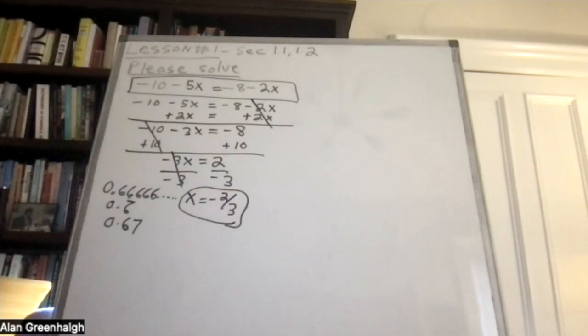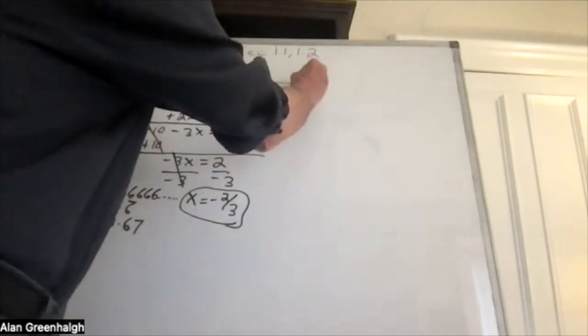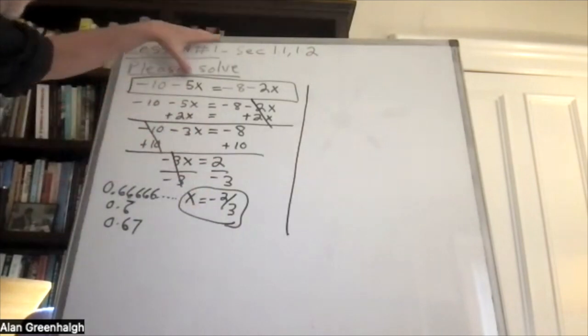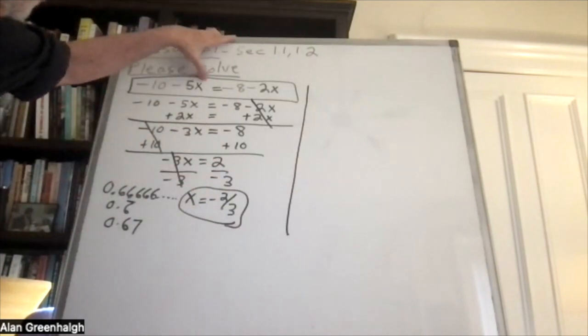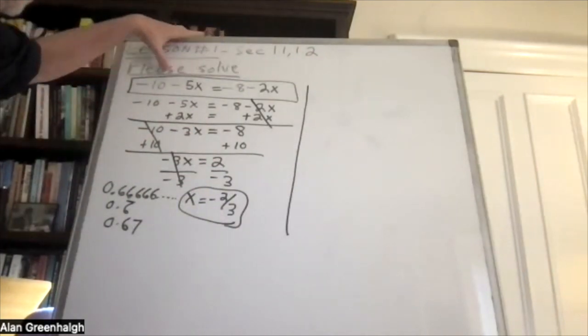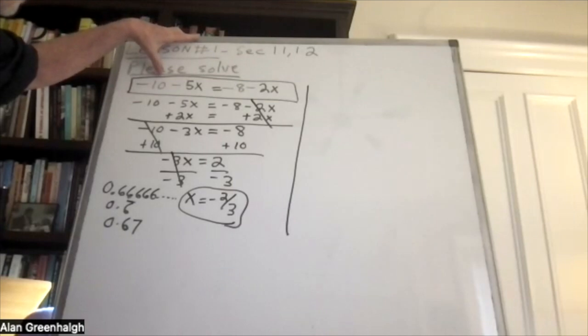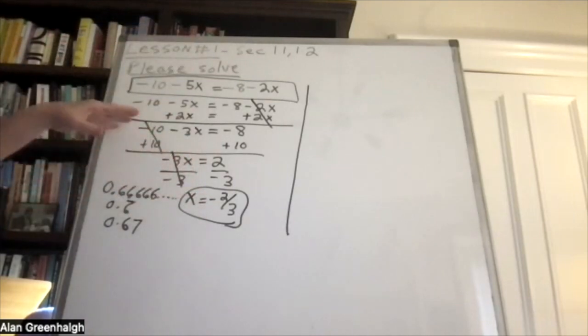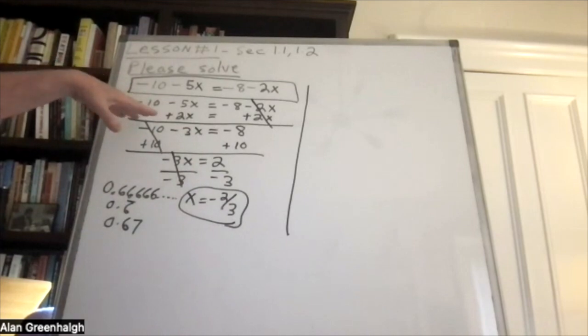Okay? And I would not check this in the normal way that we check a problem, where you take the answer and you substitute it for x and you see if it works out, because that's going to cause you all kinds of problems. And it's going to be more difficult than we started out. So I would suggest simply looking at what we did and doing it over again.